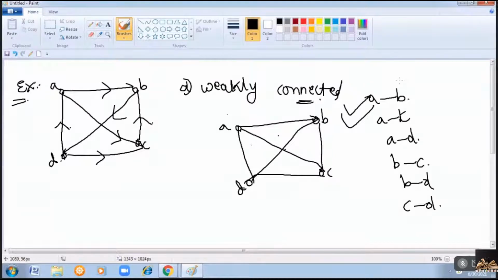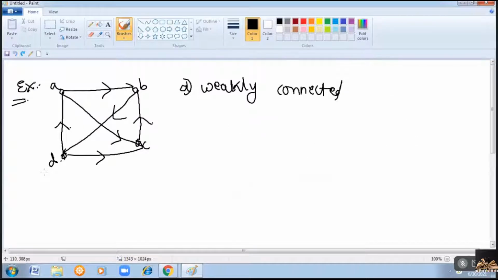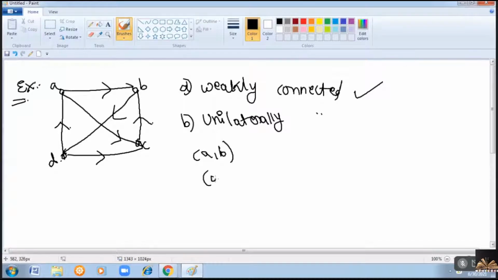Clear? Now we'll see whether it is a unilaterally connected graph or not. Unilaterally means consider a pair of vertices.